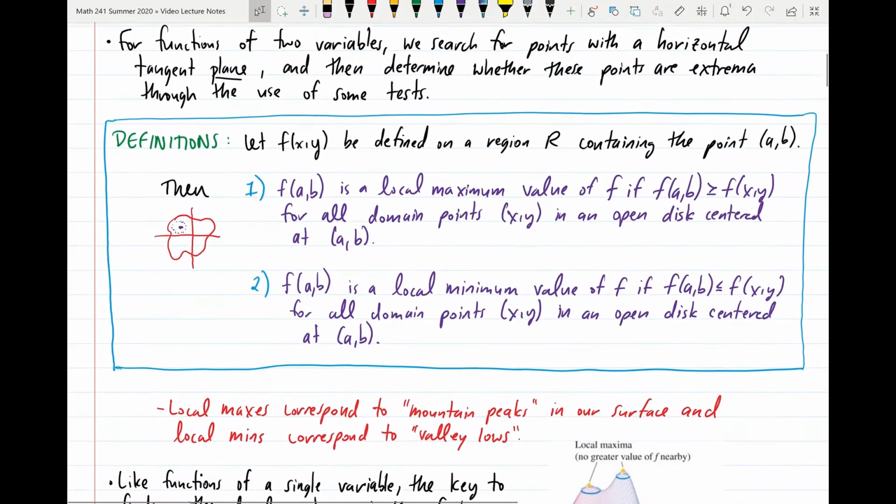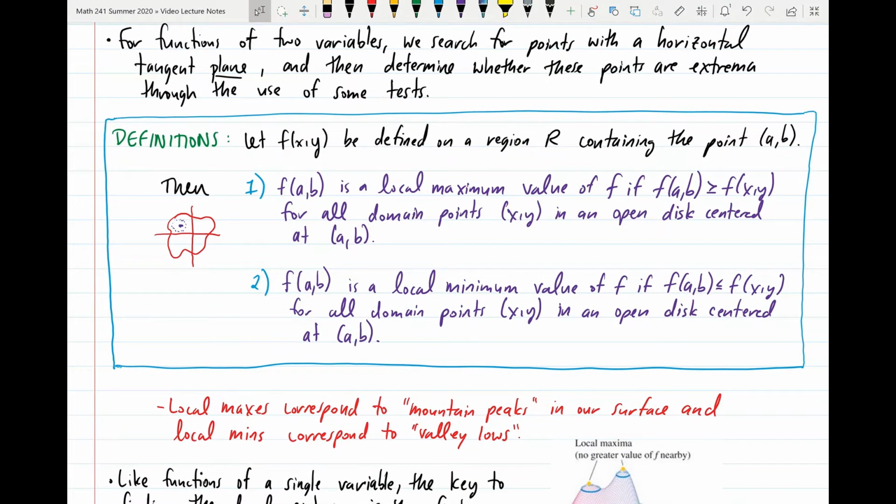So let's get on to some definitions here. If we let f of x y be some function defined on a region R containing the point a b, then f of a b is a local maximum value, I should probably underline that, local maximum value of f, if f of a b is greater than or equal to f of x y for all domain points x y in an open disk centered at a b.